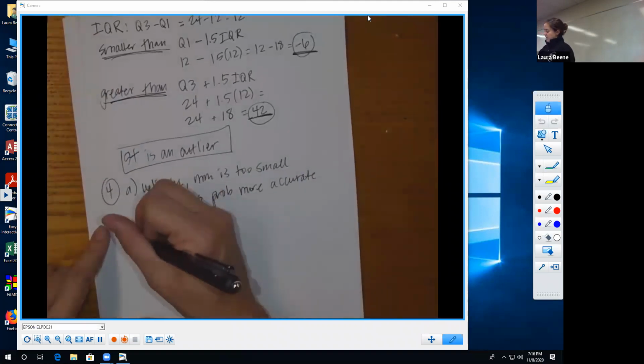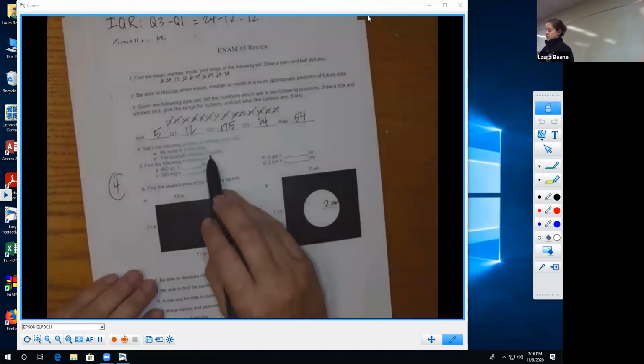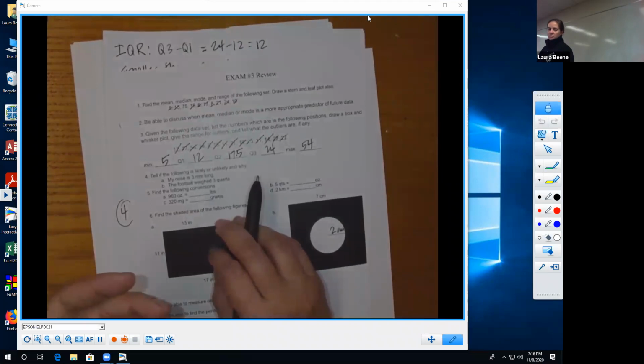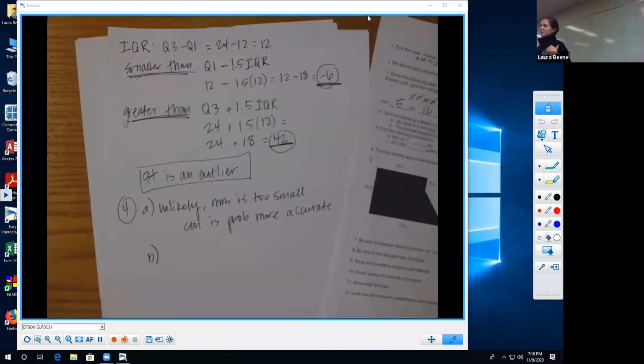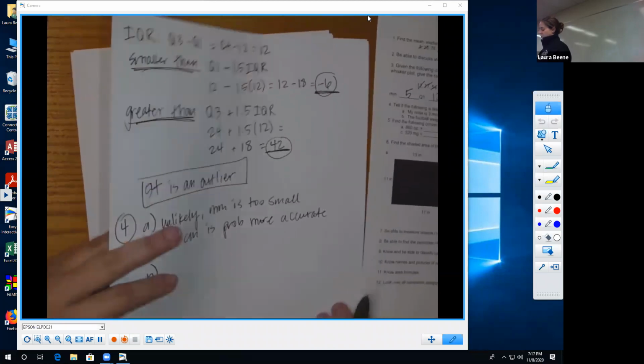Okay, for part B, the football weighed 3 quarts. If you think about it, quarts is not a measurement for weight. Quart is a measurement for liquid, or something like flour or sugar. You wouldn't measure a football in quarts.